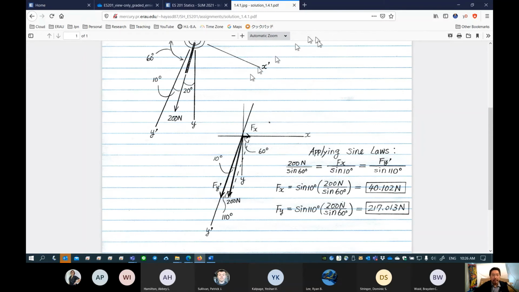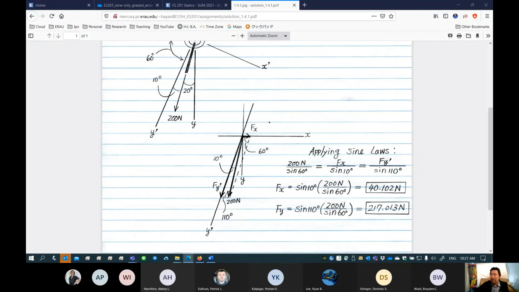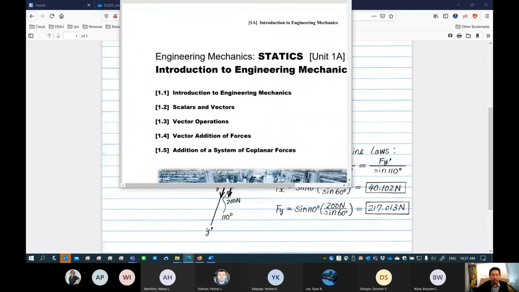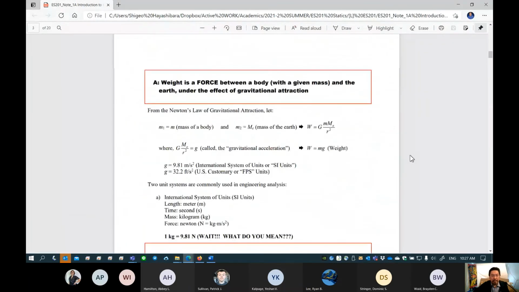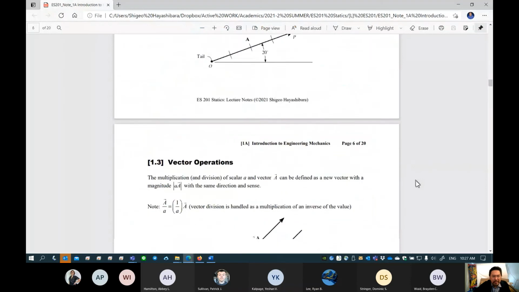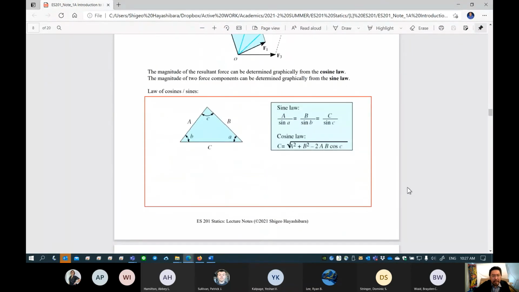Oh, sine law. Let's just go back to the notes. Wait a minute. Where are the notes? So I'm going to probably go back to the notes describing sine law. Where's the sine law? Why didn't I use it? Oh, this is sine law.